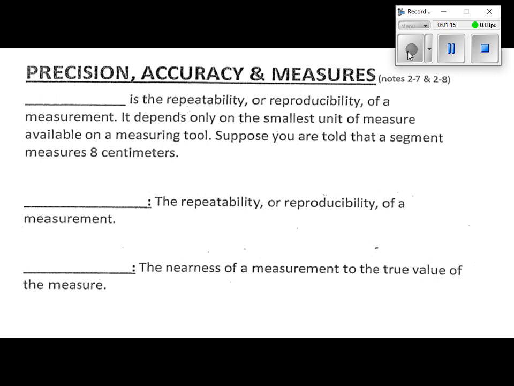If you're dealing with money, how many places should you go out every single time? Two places behind the decimal. No matter how many significant digits there are, no matter how it tells you to round it, you should always go out 2 places. So sometimes common sense has to take control.